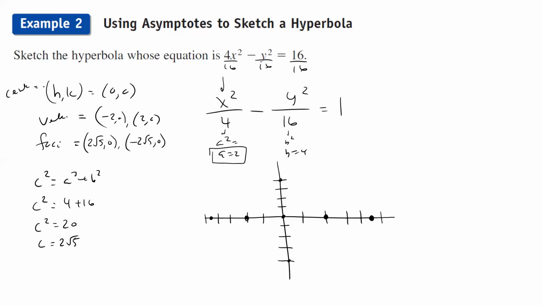Asymptotes. Okay, so let's go with this here. The easy way to do the asymptotes is you connect the corners of your A and B values. You good? So go like this, connect them in the corners, connect this in the corners.